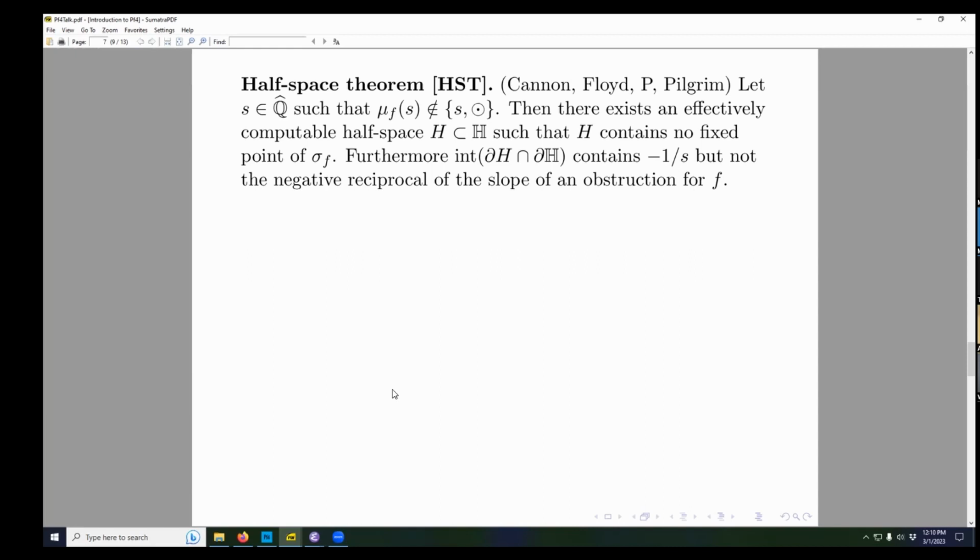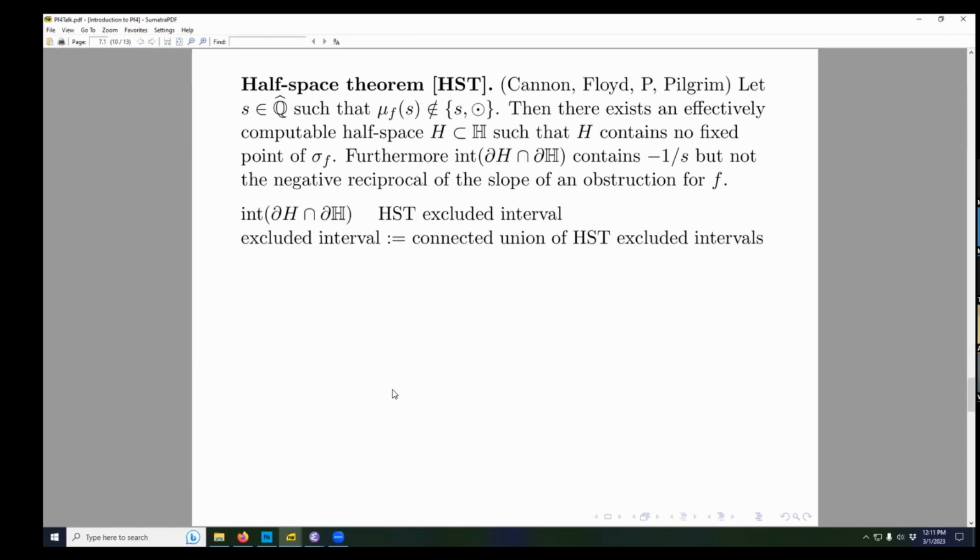The interior of this closed interval contains minus 1 over S, but not the negative reciprocal of the slope of an obstruction for F. So in this way, we have a non-empty open interval on the circle at infinity that contains the negative reciprocal of our original slope, but it excludes all negative reciprocals of slopes of obstructions. This leads us to say that this interval is a half-space theorem excluded interval.